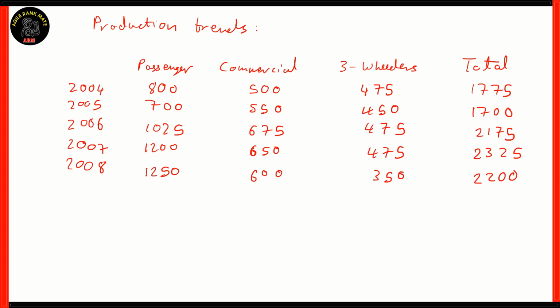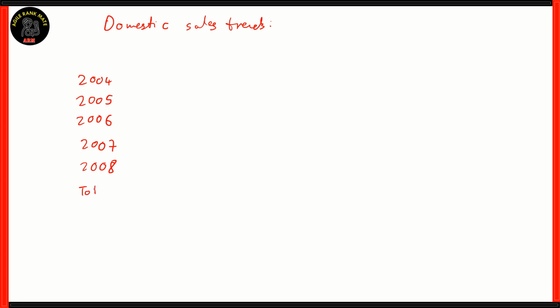Now let's look at the graph for domestic sales trends and create a table for it. So here we're going to be looking at the years 2004, 2005, 2006, 2007, 2008, and we'll also add a total because one of the questions requires it.